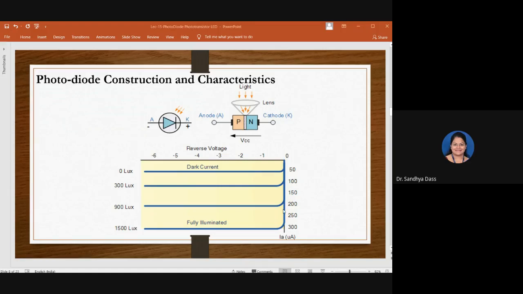So here the VI characteristics of the photodiode with no light on its junction is indicated with the dark current here, which is similar to the normal diode and the rectifying diode, which we are familiar with till now. When the photodiode is forward biased, there is an exponential increase in the current similar to the normal diode.